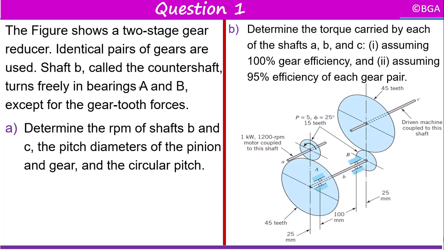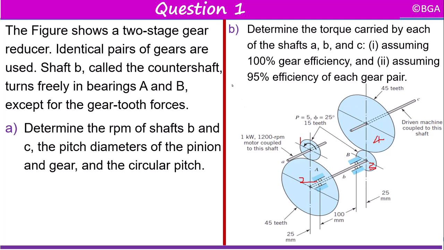In this example we have a gear drive system where identical gears are used throughout, meaning the gears that we have here have equal gear tooth size. Gear 1, Gear 2, Gear 3, they do have equal gear tooth size.